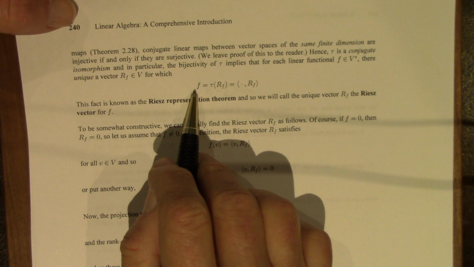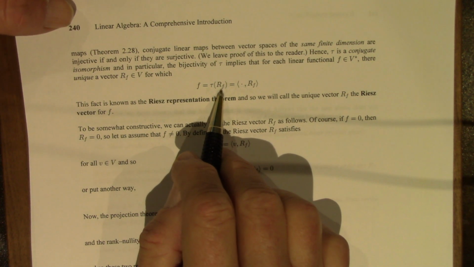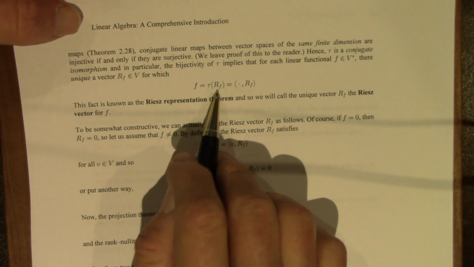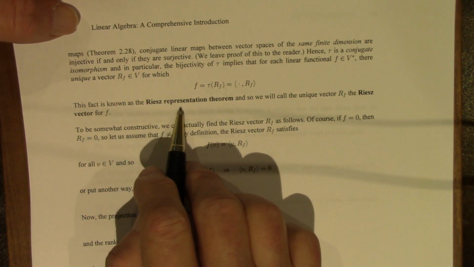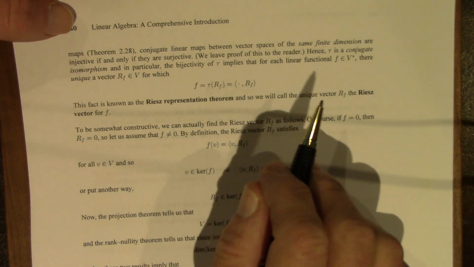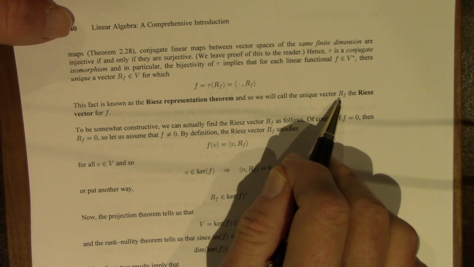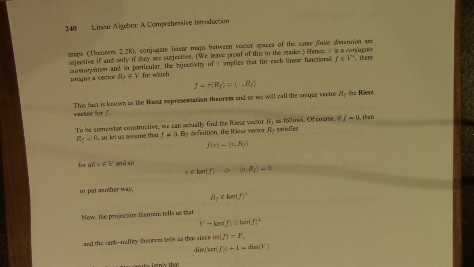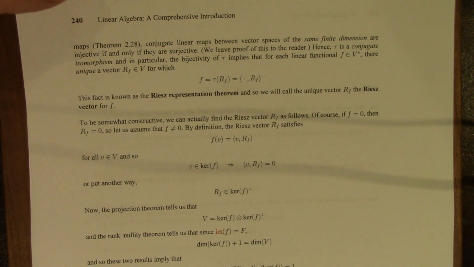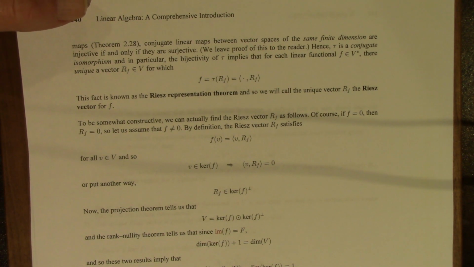For every linear functional, there is a preimage, and the preimage is unique. This fact is very important. It's known as the Riesz representation theorem. And this unique vector, then, I'm going to call the Riesz vector for the linear functional f. I don't know if other people use the term Riesz vector or not, but everybody uses the term Riesz representation theorem, so it's not much of a leap.